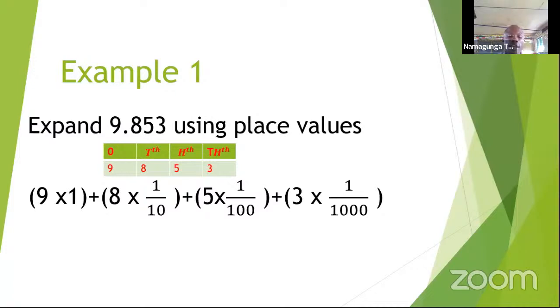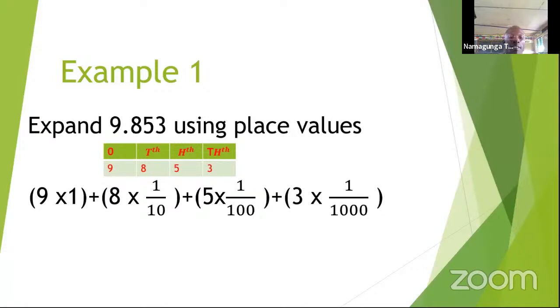So you can see, we shall first of all have our place value table, the way we are seeing it there, where each digit is under its place value. The table is very clear. We can see 9, which is the only whole number in the decimal number that has been given, takes the place value of 1s.